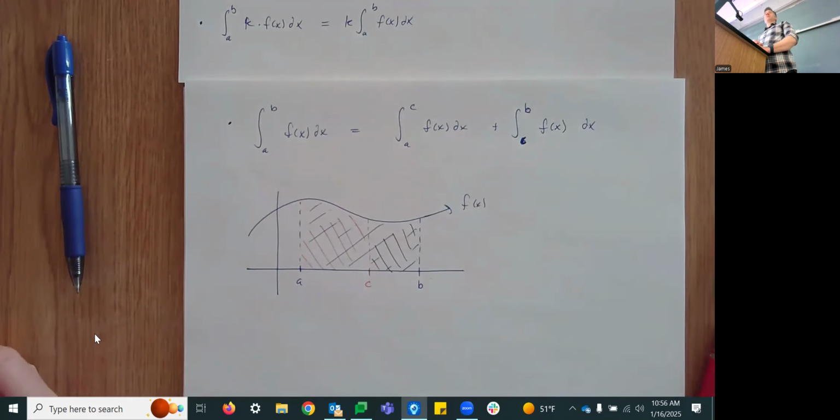What I think is a little surprising is that c doesn't have to be between a and b. It seems like it should be, but it actually doesn't have to be. Kind of cool. Here's how it works.